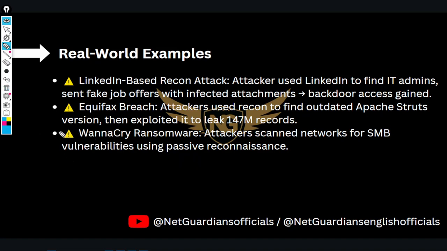So, in the WannaCry ransomware attack, attackers scanned networks for SMB vulnerabilities using passive reconnaissance. See, don't think that active is more effective than passive. No, it's totally different. We just classify them based on permission and rules. If you have permission, then go for active.